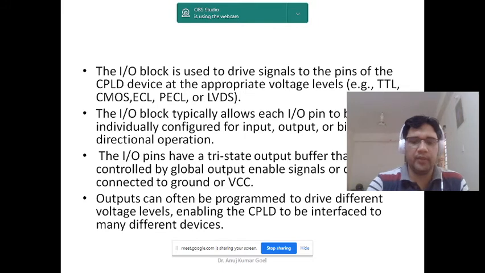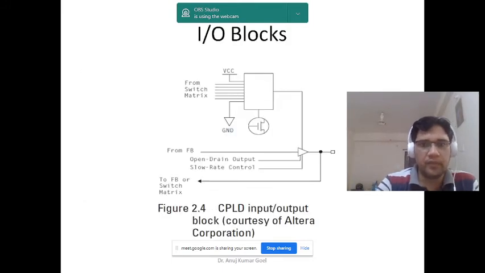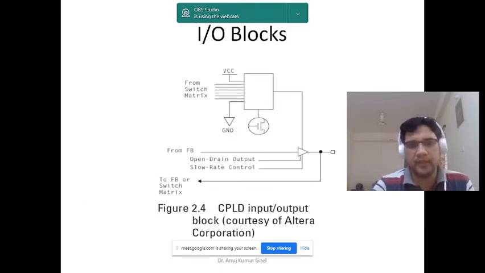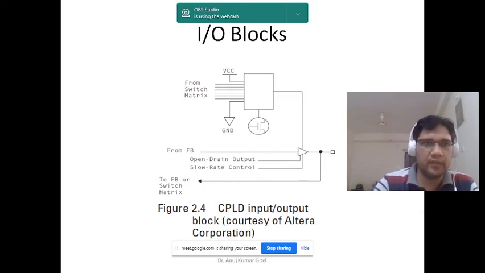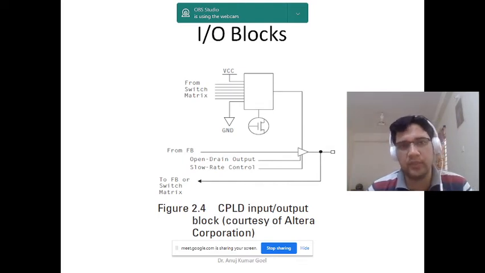So the first point is, what is the use of the input output block? Basically, in a large complex device, for example in a big circuit, different blocks, meaning different ICs, are there.